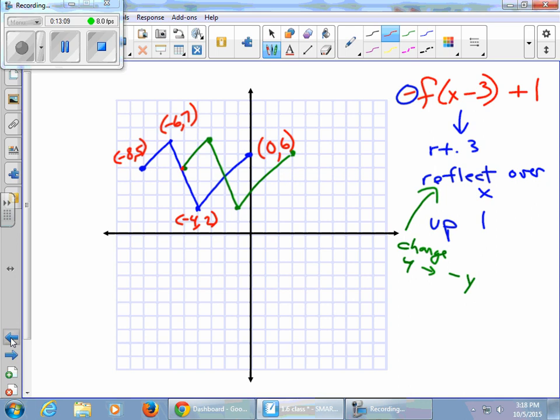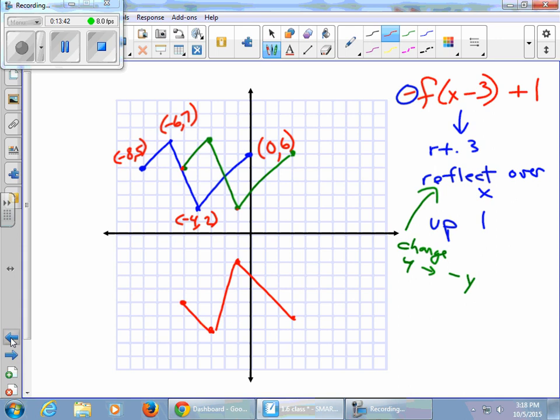It would now become -5, -5. This one is -3, 7. It would become -3, -7. This one's -1, 2. It would become -1, -2. This one is 3, 6. It would be 3, -6.